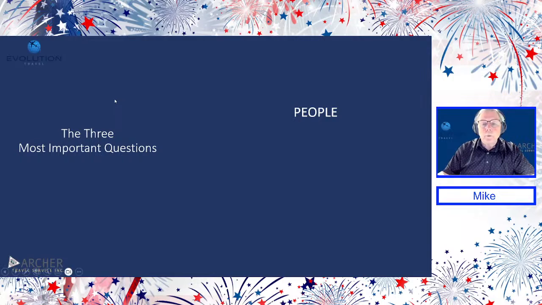Okay, next one, time. They have to be able to make the decision now or pretty quick. If you're talking to somebody now that's going to take a trip to the Caribbean in February or March when it's cold in Seattle and warm down there, that's a pretty big time span.